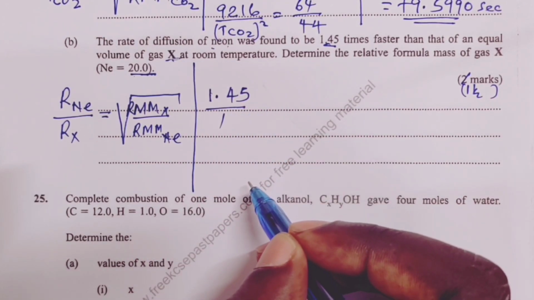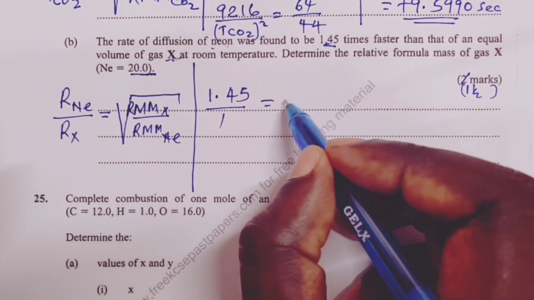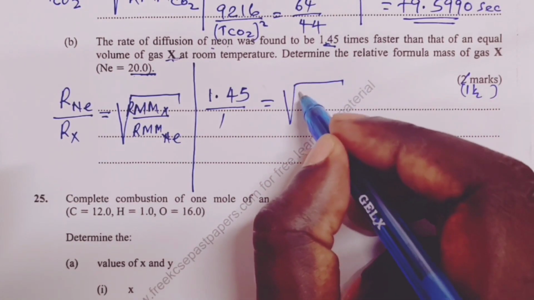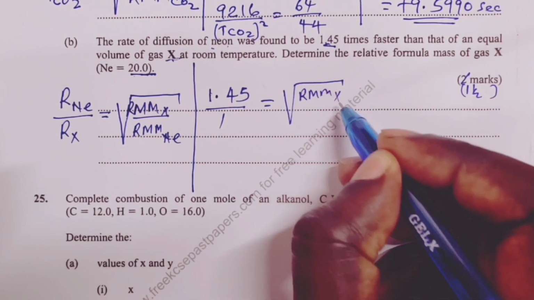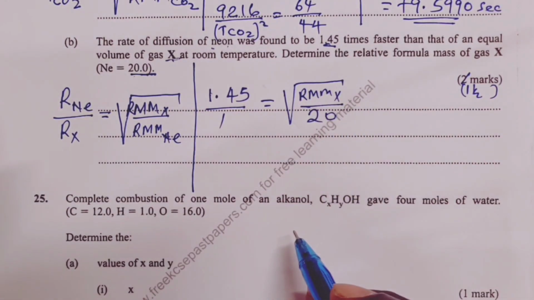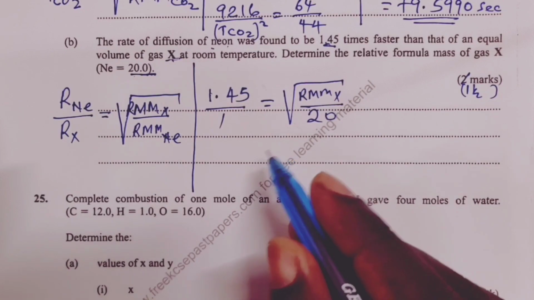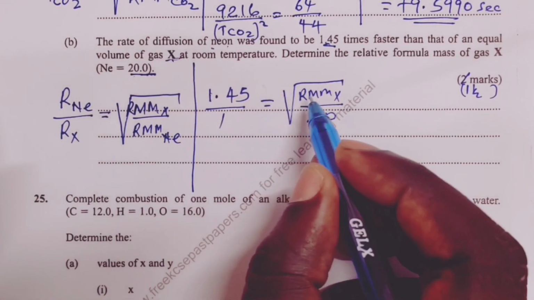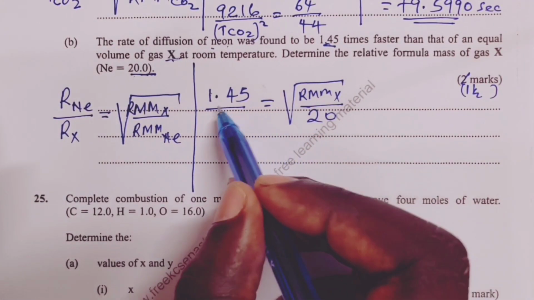So 1.45 by 1 should give us the root. RMM of X is not known, but of course RAM of neon is given as 20. Moving forward, we simplify these and we have to square both sides.